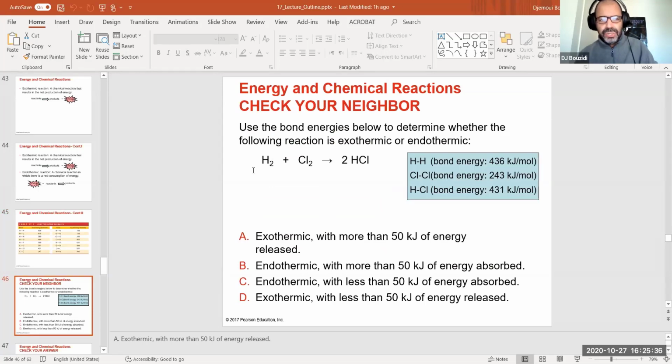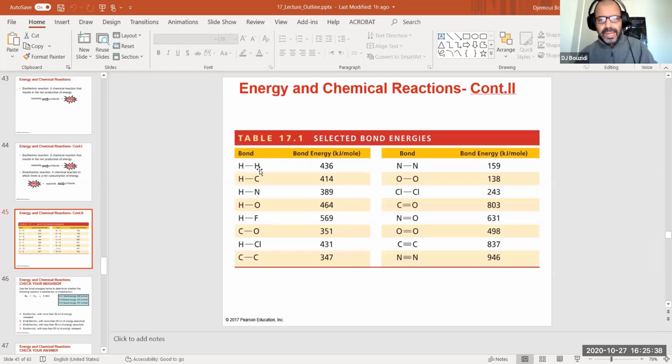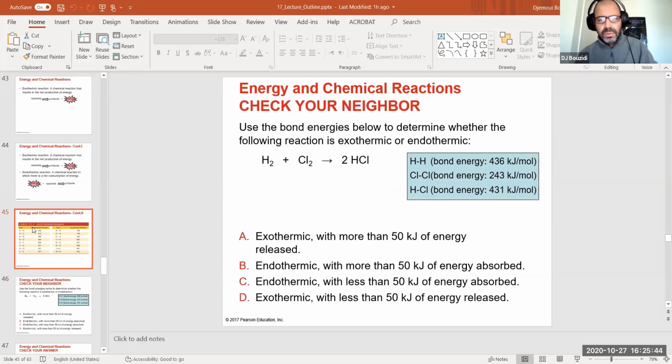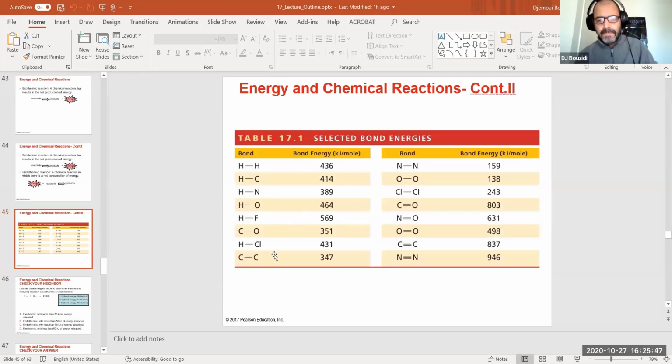In H2 has 436 kilojoules associated with it. In Cl2, I have, where is it? Here, 243.